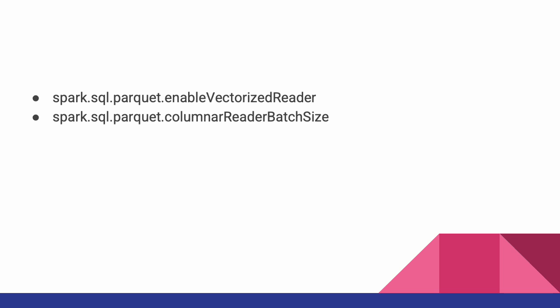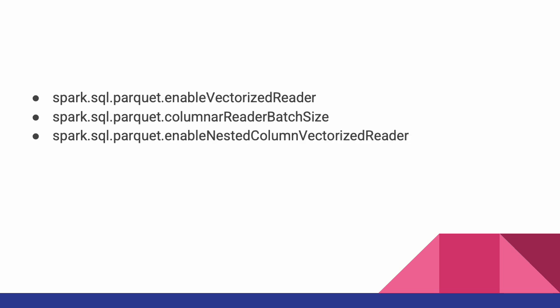So choosing a very high value may hit memory limitations, in which case you will have to assign more memory to your Spark executor. And in the recent releases of Spark in version 3.x, I guess 3.3, you can have vectorized reading on nested columns as well.